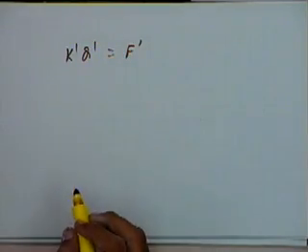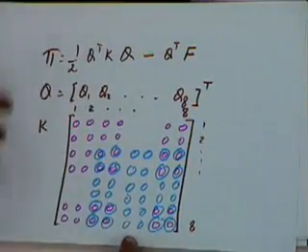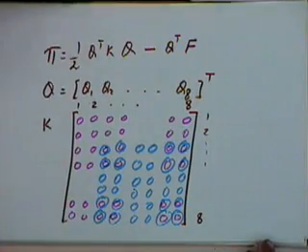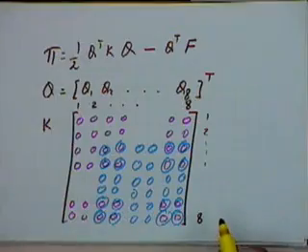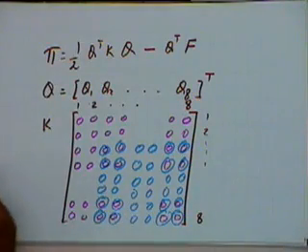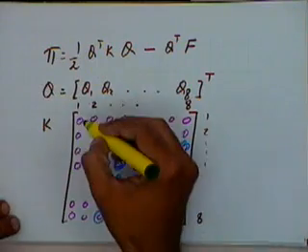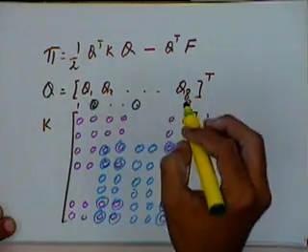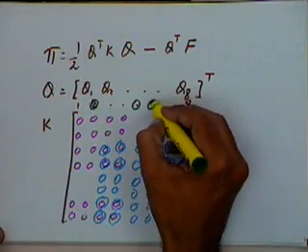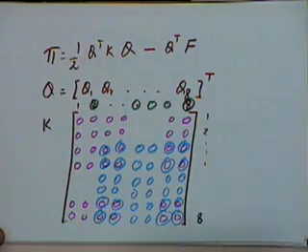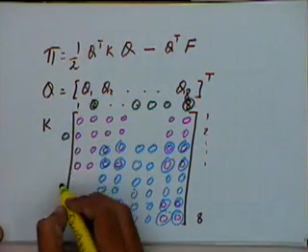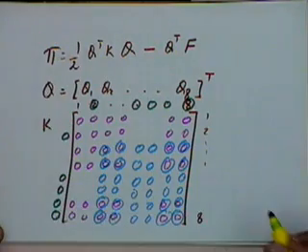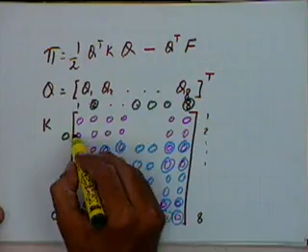K prime is obtained from K by deleting locations of the constrained nodes. In this case 2, 5, 6, 7 and 8 are constrained. That means all these columns for 2, 5, 6, 7 and 8 will get deleted, and similarly all these rows will get deleted.